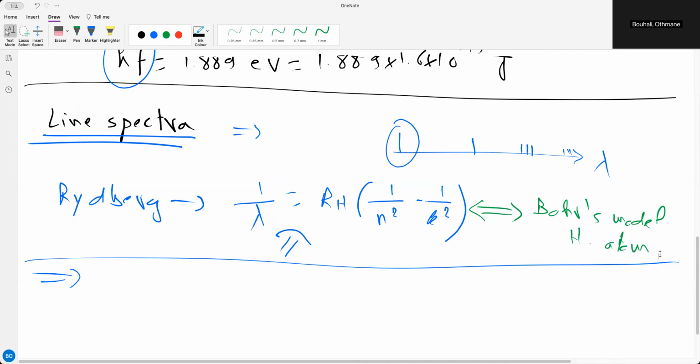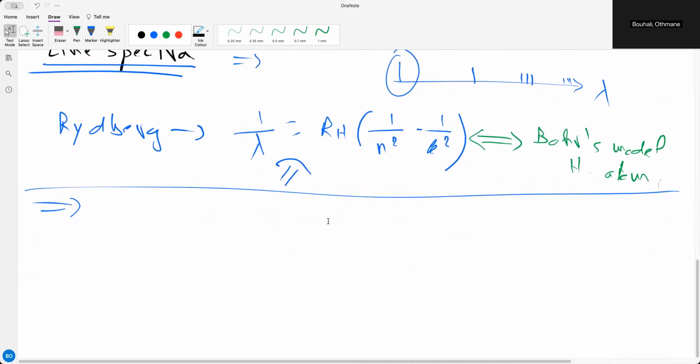So I will prove it next time. But please remember, in summary, that Bohr's model tells us that the electron can only occupy certain states in space. It cannot be everywhere. It can only occupy certain orbits. Each orbit has a radius that we can perfectly calculate and an energy that we can perfectly calculate.